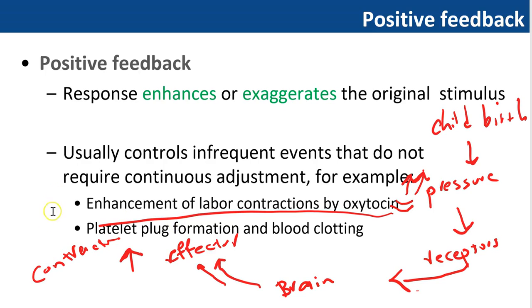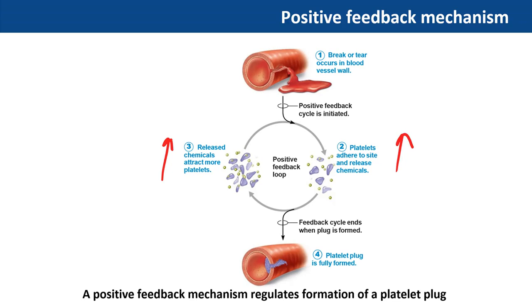So these two are great examples of positive feedback mechanism, which you shouldn't forget. The enhancement of labor contraction by oxytocin: we had increasing pressure, and then in the response we also had increasing contraction, which leads to increasing pressure. Both are the same direction. And also for the blood clot formation, we have the stimulus and the result in the same direction.